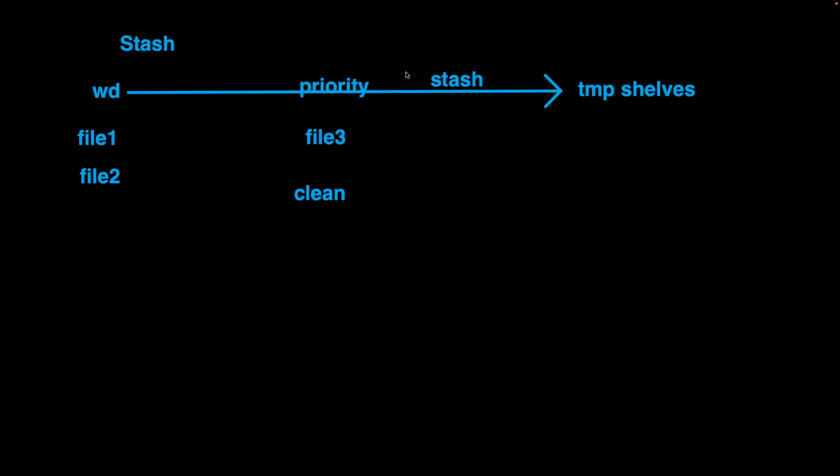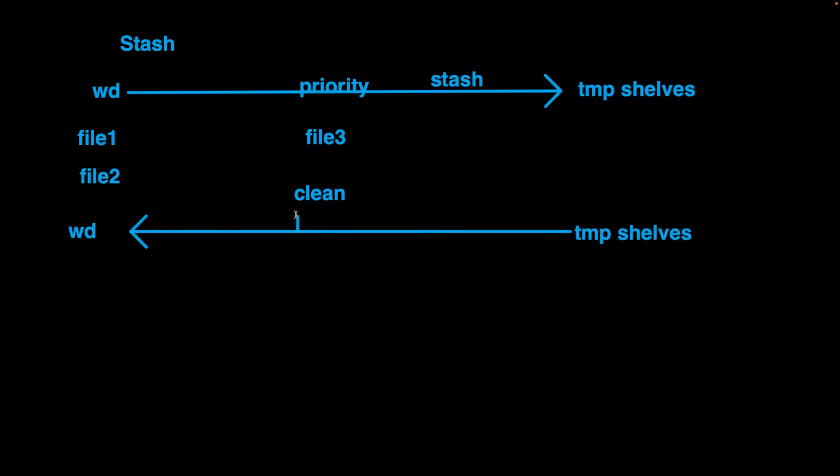So that the repository will be clean, you can continue the priority task, and when you come back, you can get them back from the temporary shelf to the working directory, which is unstash.